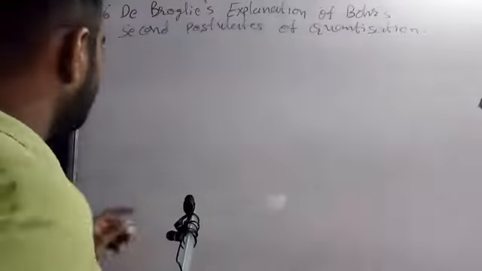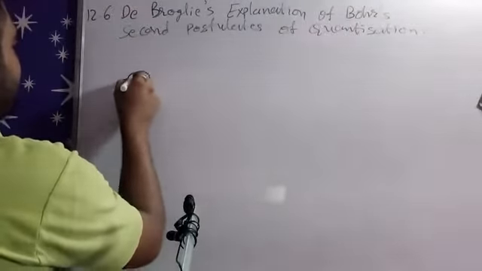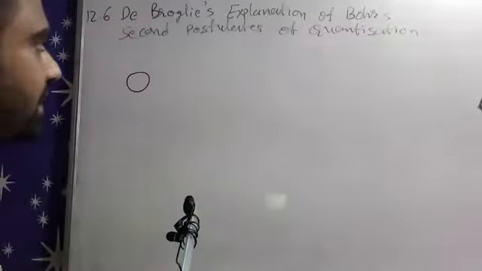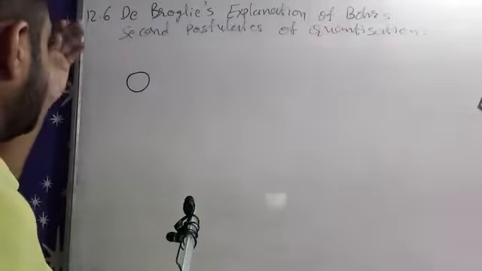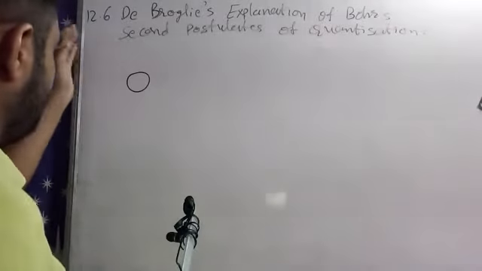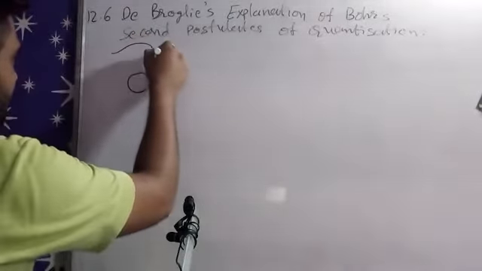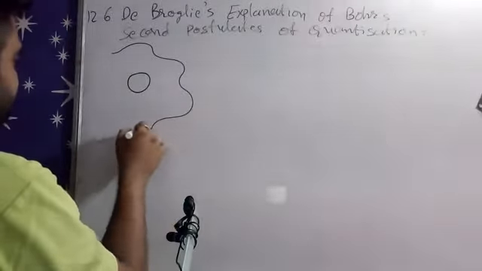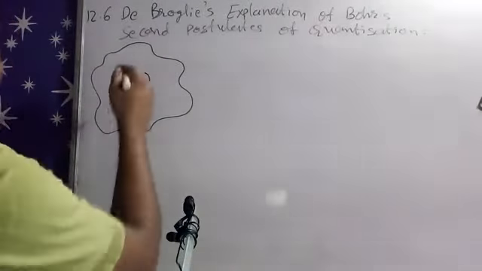So here I am drawing that particular diagram. We have this nucleus. We can't catch the electron, but suppose I draw the electron's oscillations like this, and vice versa.